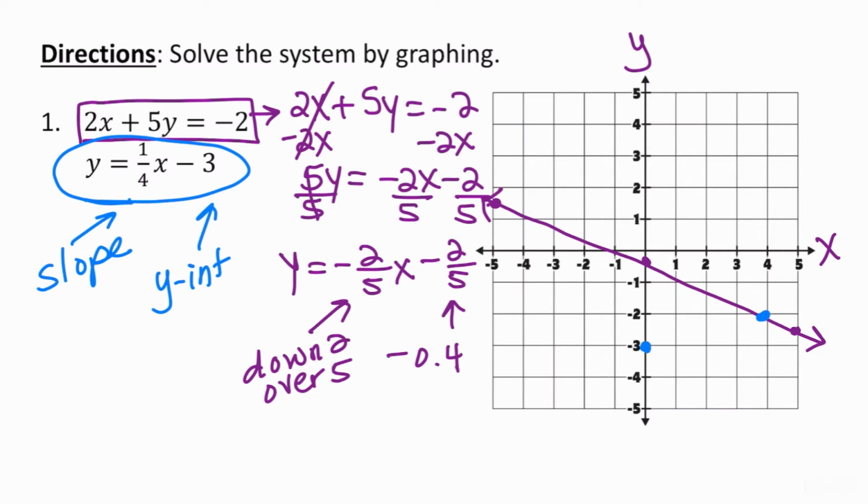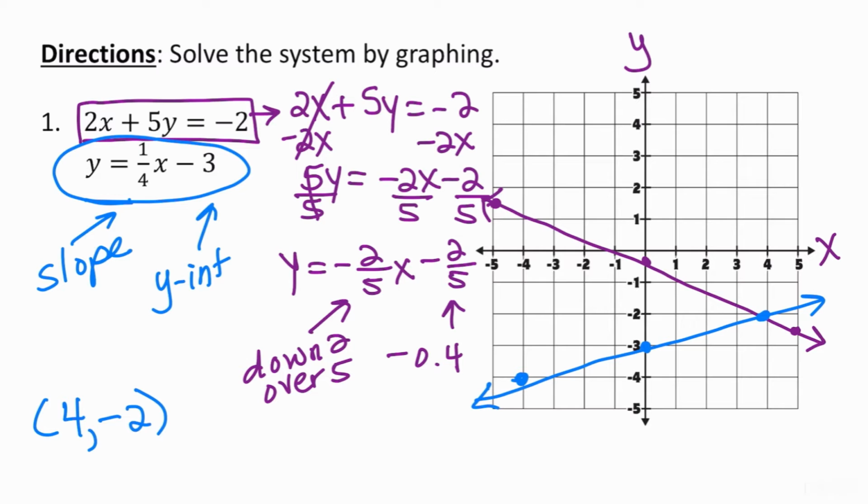So 1, then left 1, 2, 3, 4. And there's my point. Here is my line. So right now it looks like it's intersecting at the point (4, -2).